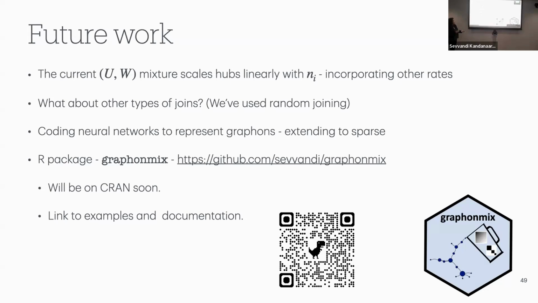I've seen some work where people train a neural network to represent the dense graphon, but for the sparse graphon they haven't really done the work, because the other methods are slightly more involved. Sometimes they've used sparsification, but I think with the mixture model, we can do something where the neural networks can represent these mixtures and you learn the neural network.